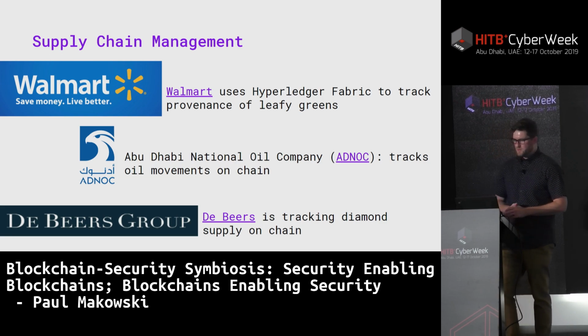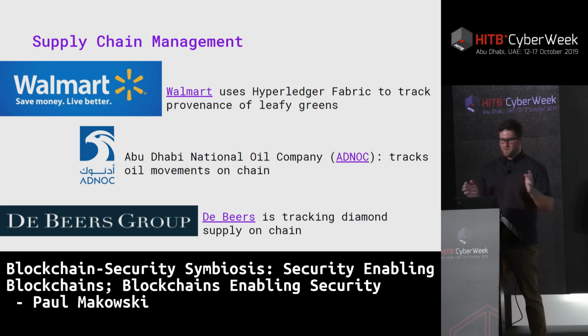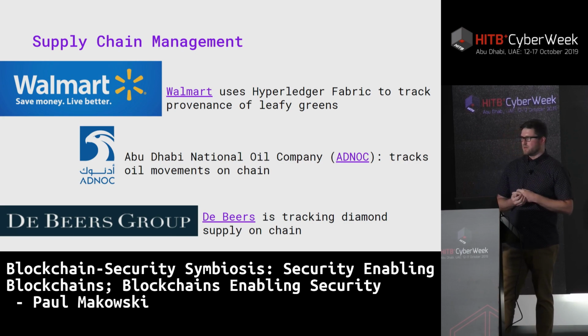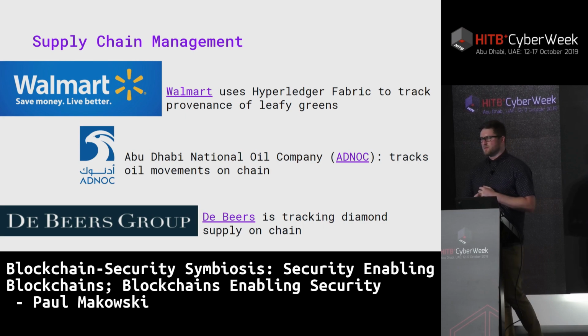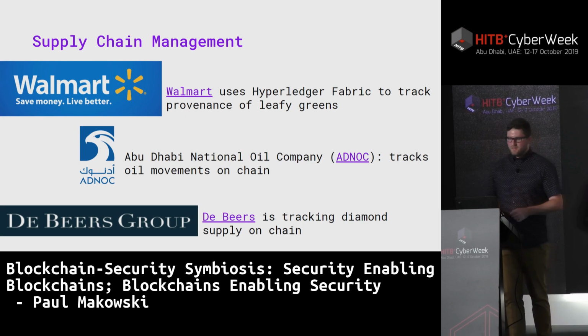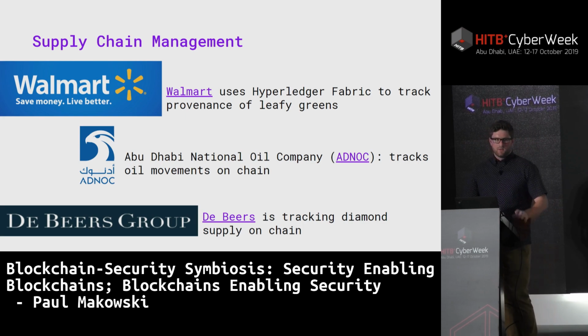In the supply chain management area, Walmart famously uses Hyperledger Fabric to track the provenance of leafy greens. These are things like lettuce. They actually rolled this out not too long ago, after romaine lettuce in the United States and Canada was recalled for about a month.